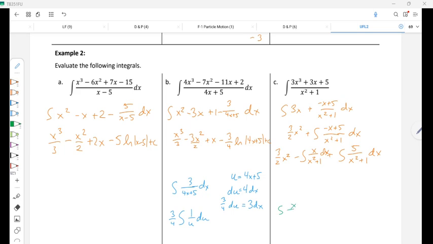So the integral of x over x squared plus 1. Make u our denominator, x squared plus 1, which makes our du 2x. Put my dx in there. As I always say, 2x dx. We don't have 2x dx, we just have x dx.